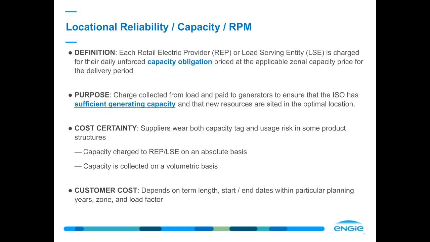The interesting thing, and one of the things that we always focus on in discussions with customers, is the fact that capacity is charged to a retail supplier on an absolute basis. When a customer asks a supplier to fix capacity in their fixed price, then capacity is collected on a volumetric basis, which actually introduces uncertainty.